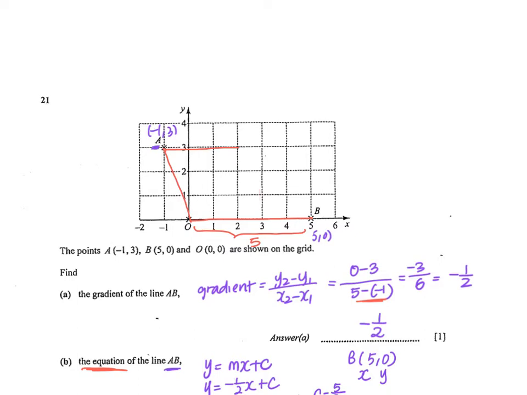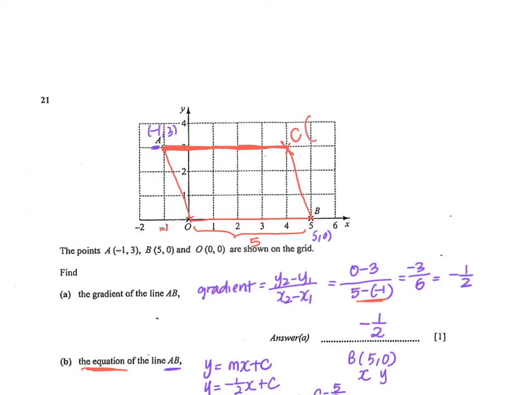From A, which is at -1, I'll need to travel 1, 2, 3, 4, 5 units as well. That means I'll end up with point C.